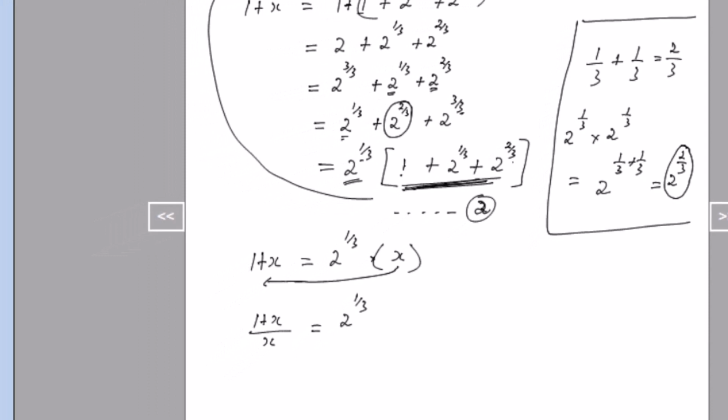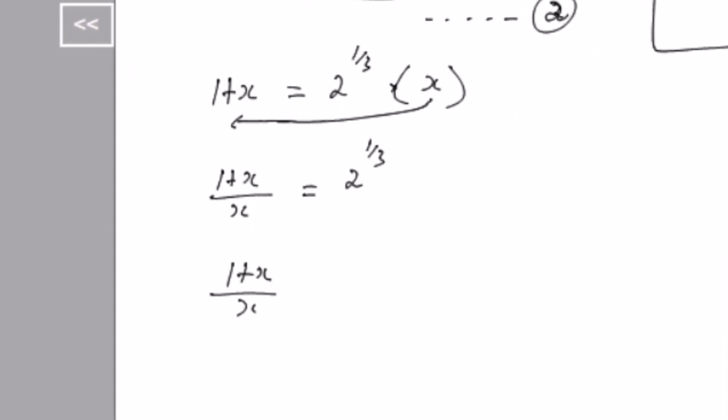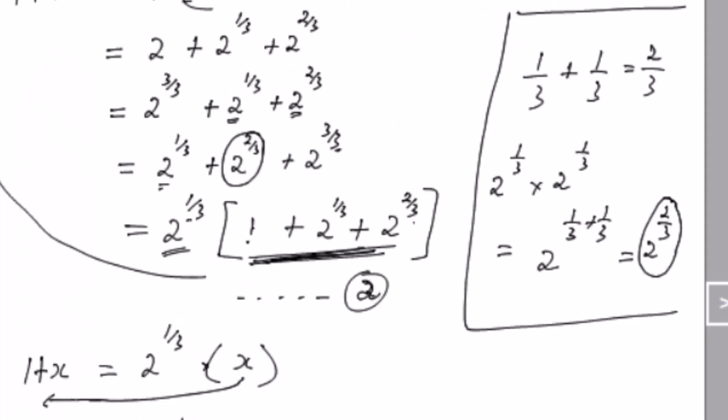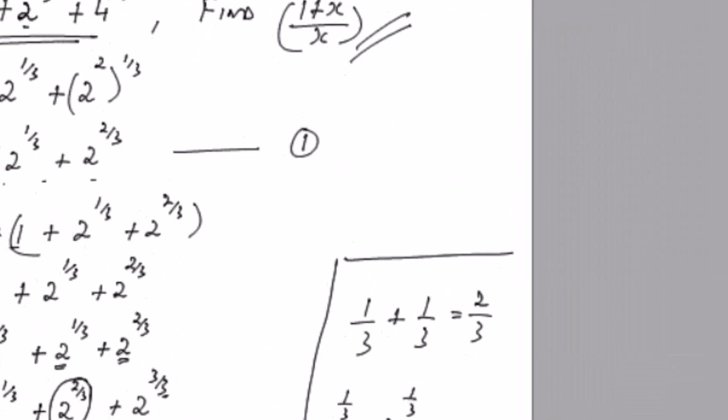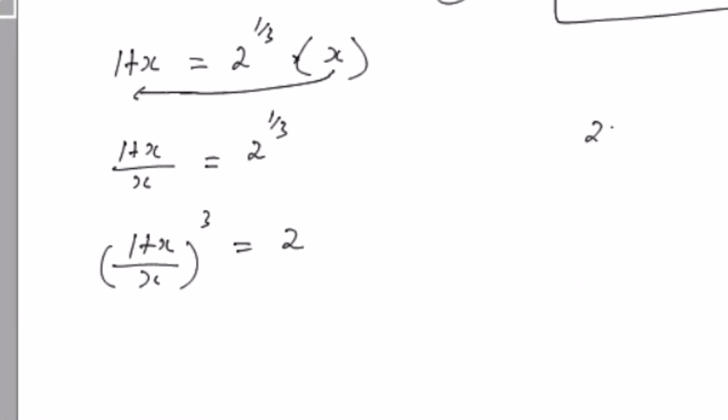Now taking cube on both sides, we get ((1 plus x) divided by x) whole cube equal to 2. And what are we supposed to find? (1 plus x) divided by x to the power 2016. So 2016, but we already have 3 here. So what more do we need to multiply? To get that, we need to just divide by 3 and see what number we get. 3 6s are 18, 2 carry, 3 7s are 21, and 3 2s are 6.